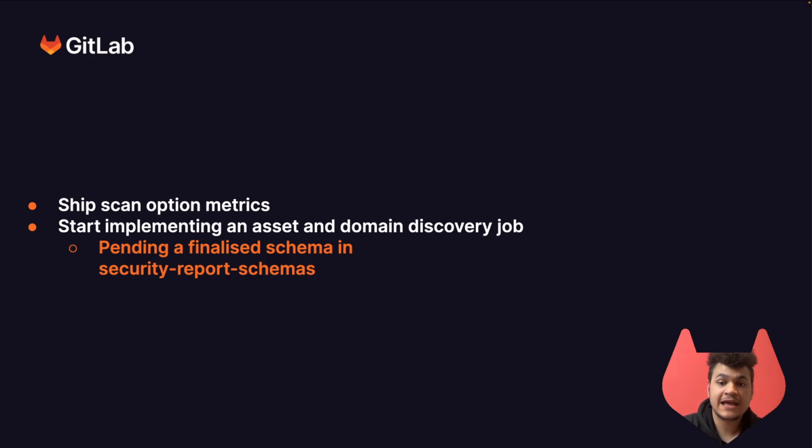Starting next up, I'm going to start implementing an asset and domain discovery job. This is the workflow I mentioned in my conversation with CloudSeed, where you can configure a job that enumerates what your attack surface might look like from the cloud provider perspective, around what public-facing instances or public DNS zones you may have.